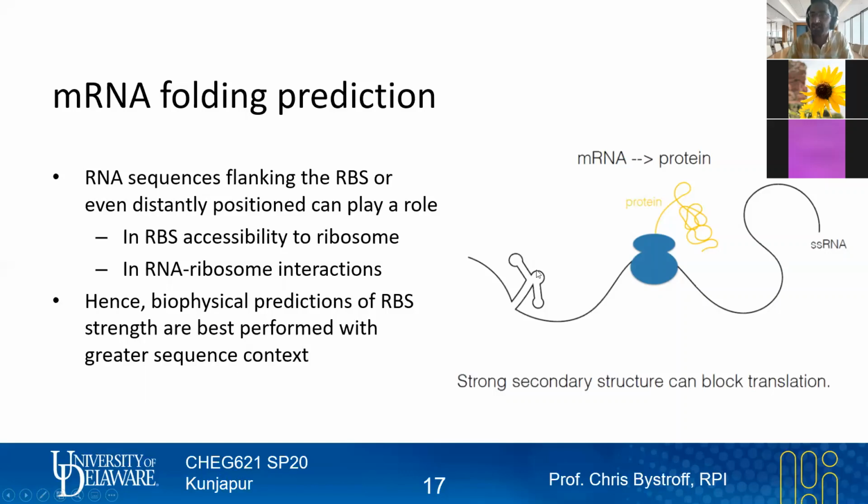In that case, the ribosome can't really see your RBS, right? So we know that the sequences around the RBS, and to some degree even somewhat distantly positioned, can play a role in just whether the ribosome can find the RBS.